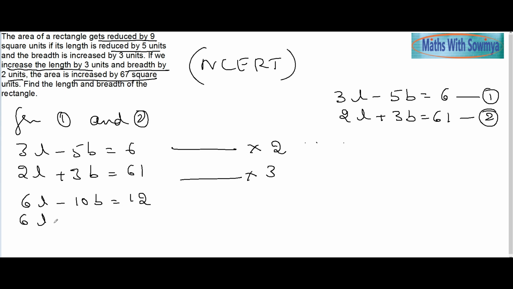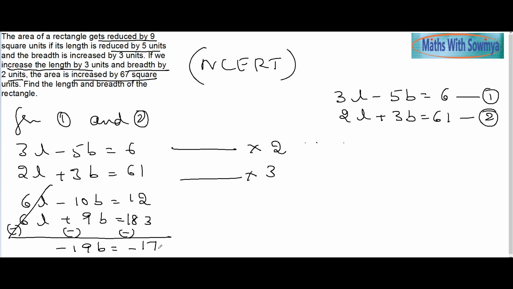This is again 6L plus 9B equals 183. Now, we change the sign here. Changing the sign, this will be minus 19B and this is minus 171. Negatives get cancelled. So, we ended with 19B equals 171.